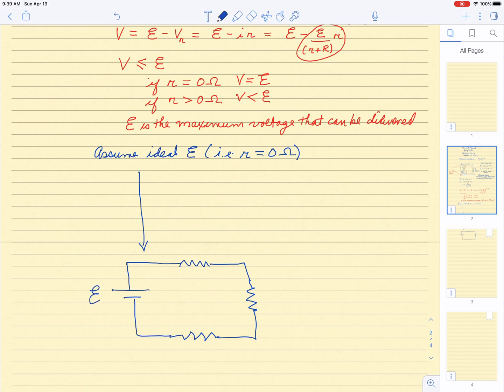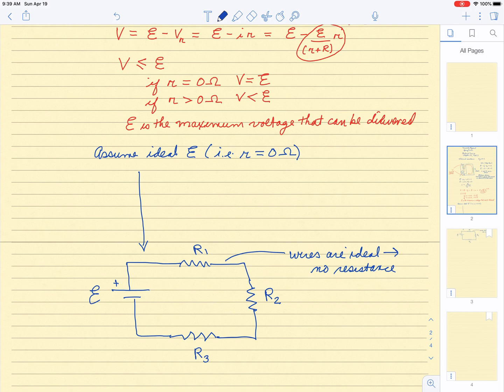We'll call this R1, this R2, and that R3. It's the positive side of the EMF. Wires are going to be considered ideal. So wires are ideal, and that means that there's no resistance.